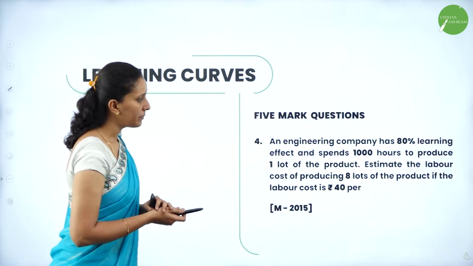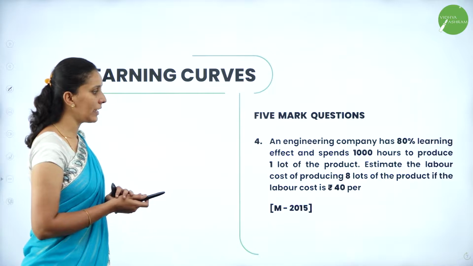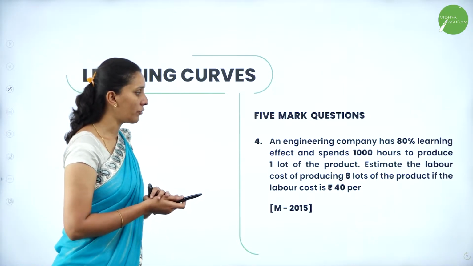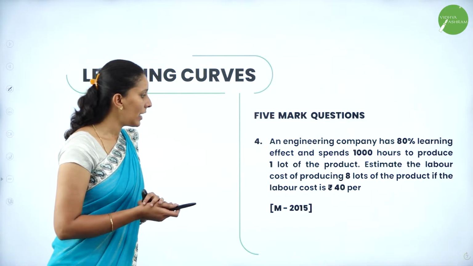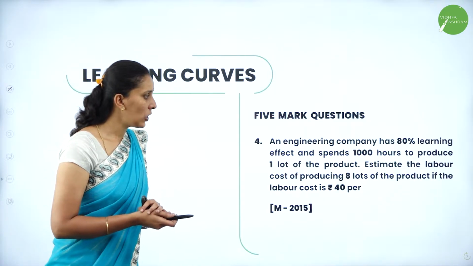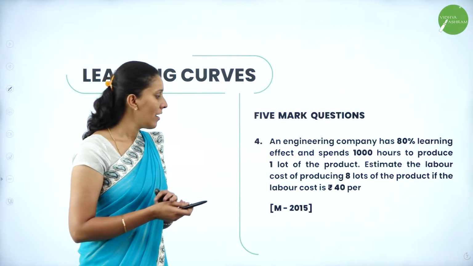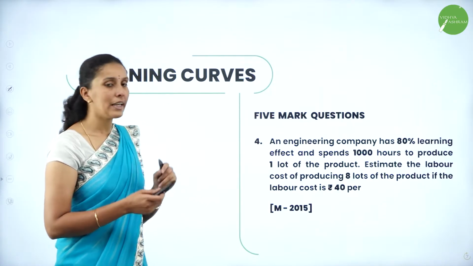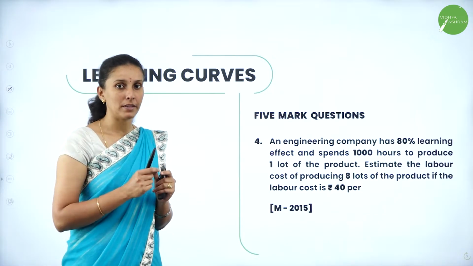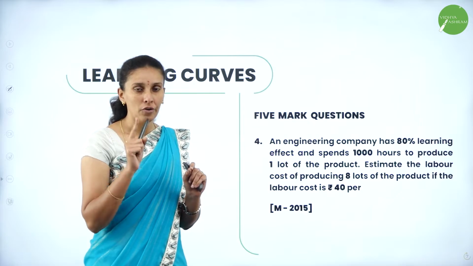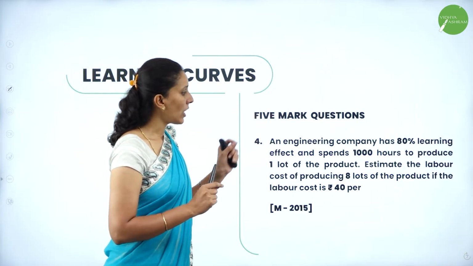Next, these are all 5 mark questions. An engineering company has 80% learning effect and spends 1000 hours to produce 1 lot of the product. Estimate the labor cost of producing 8 lots of the product if the labor cost is rupees 40 per hour. Here the learning effect is given as 80%, and to produce the first lot it takes 1000 hours.